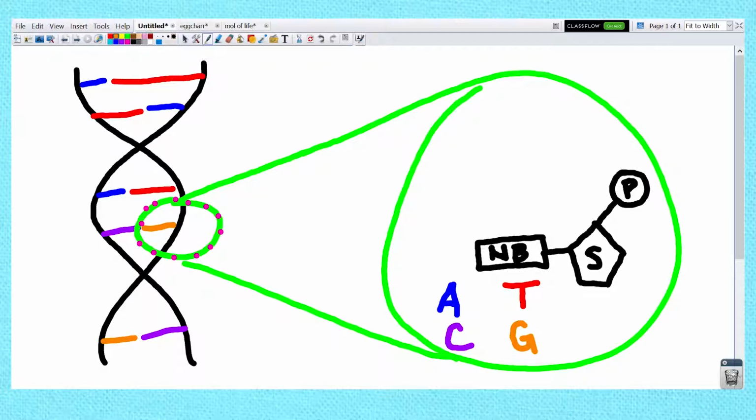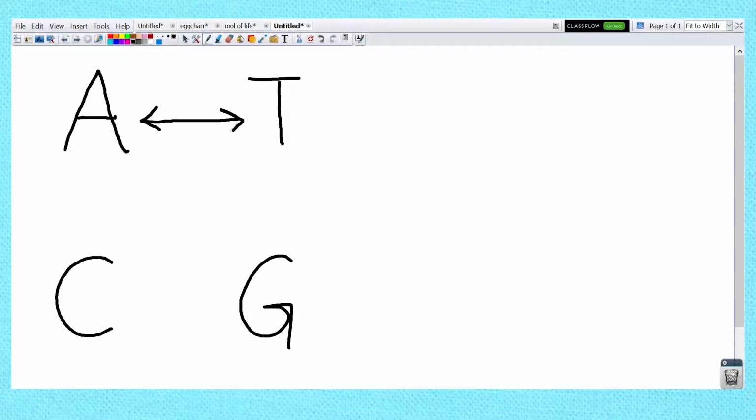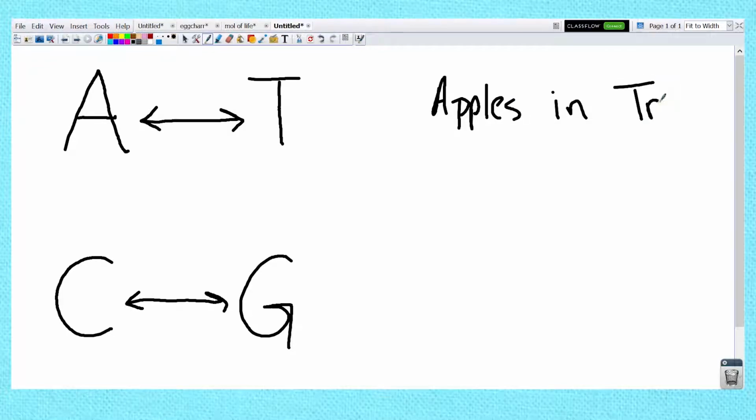So here's the easiest trick on how to figure out how to combine these. We said A and T go together, and C and G go together. They are always going to pair in the DNA. The little trick to remember is apples in trees and cars in garages.